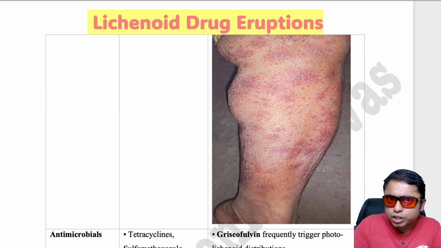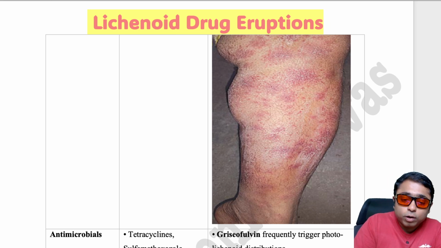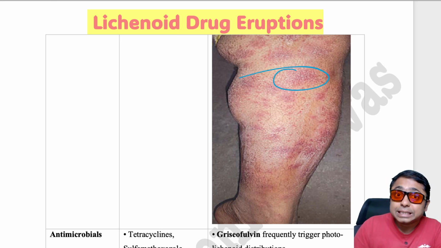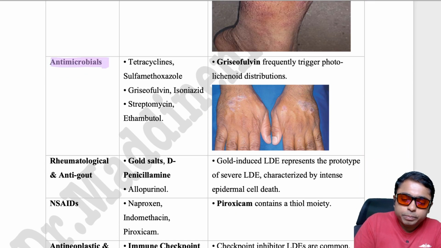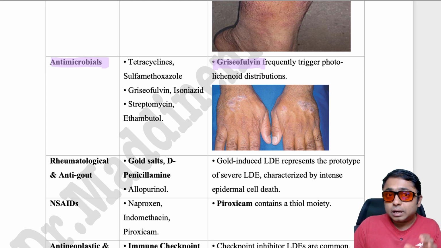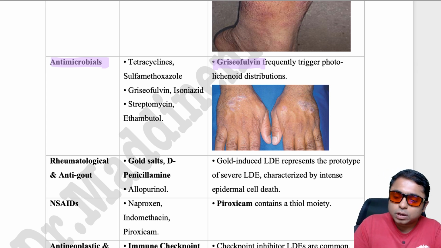So this is a patient having LDE with psoriasiform morphology, that is presence of scaling, because of antimalarial usage. Antimicrobials: out of these, griseofulvin is routinely used in tinea capitis in dermatology. It is also associated with lichenoid drug eruption over the photo-exposed areas, especially as you can see in the dorsum of the hands.